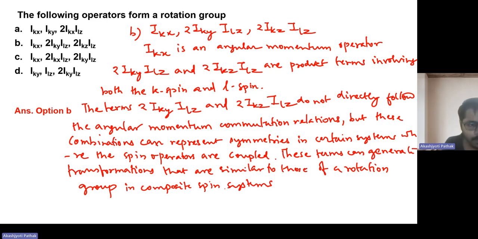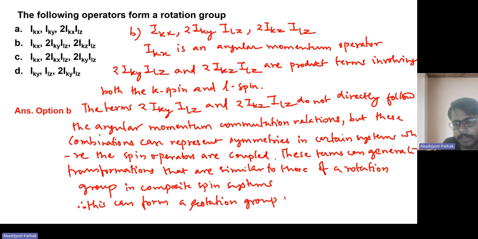Therefore, this can form a rotation group under certain conditions.